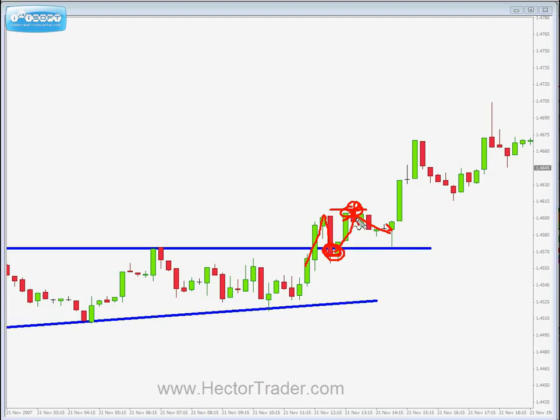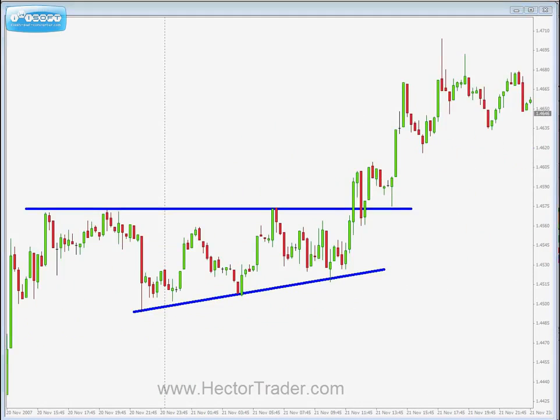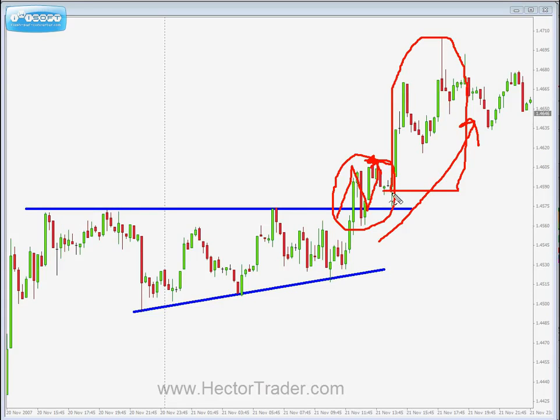Even if you go through a small drawdown, a pullback, a retracement against your trade, the overall market sentiment, remember we were in an uptrend, the fact that we broke out in the direction of the main market sentiment, and the fact that we also confirmed the breakout with the breakout pullback continuation pattern, will eventually muscle price in our direction most of the time, and we'll be able to score a profit on this long entry.